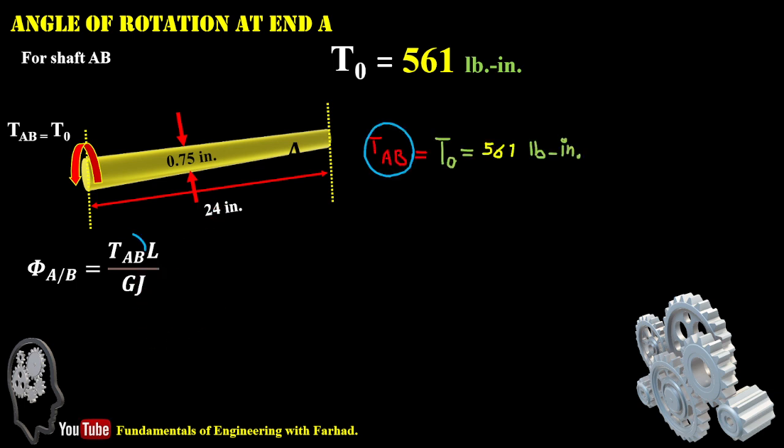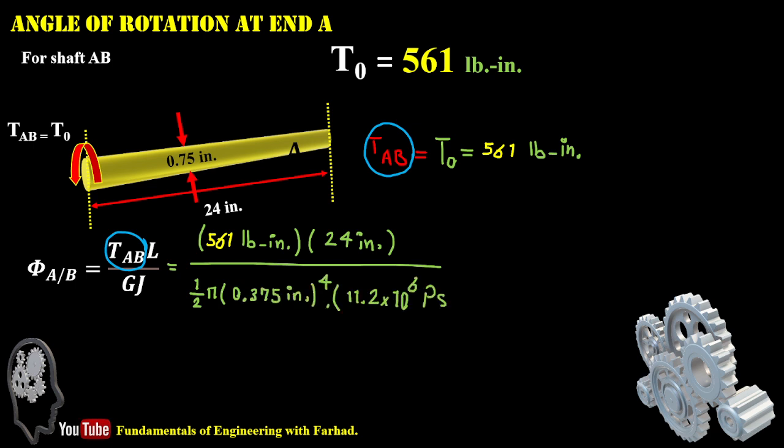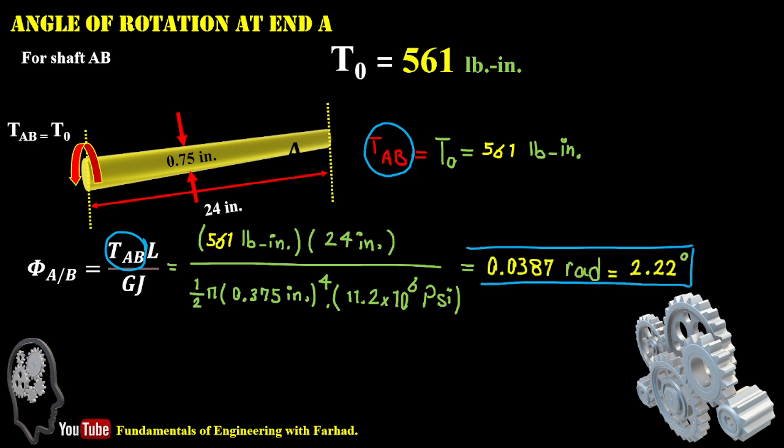We already know TAB is equal to T naught, and that's 561. Replace that in the main equation and calculate GJ, where J is half of pi r to the fourth, and G is provided in the problem statement. It gives us phi A relative to B of almost 2.22 degrees.